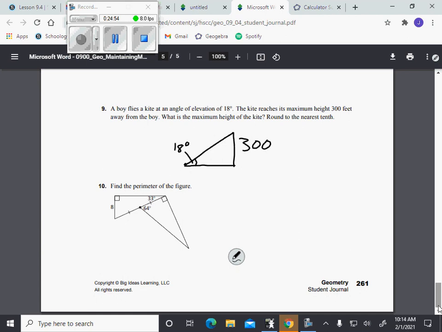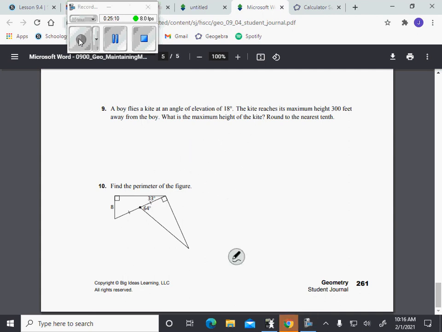What is the maximum height of the kite? So this is 300. Okay, I was wrong. Here we go.